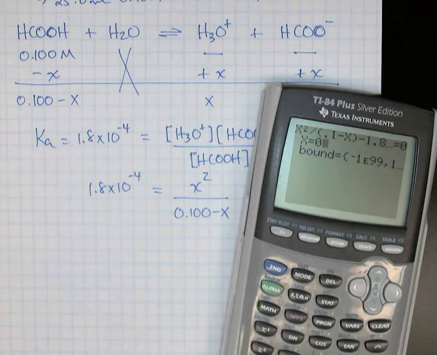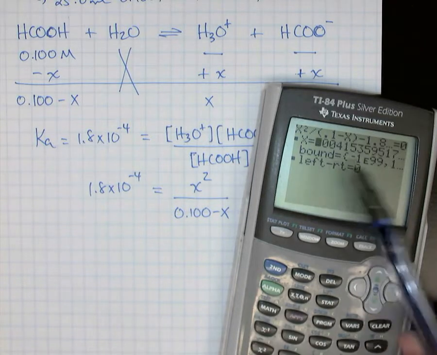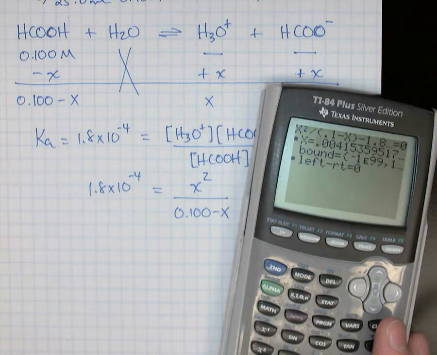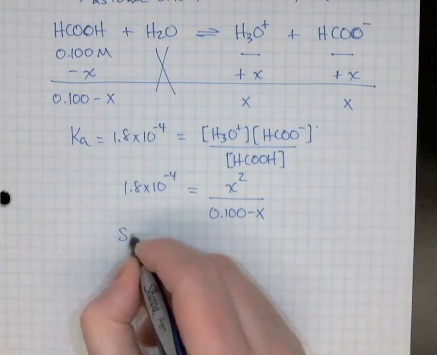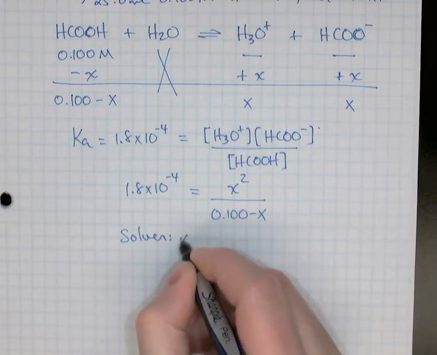We almost always just say X is close to 0 as a guess, and then alpha solve. So 0.0042 is the value for X.